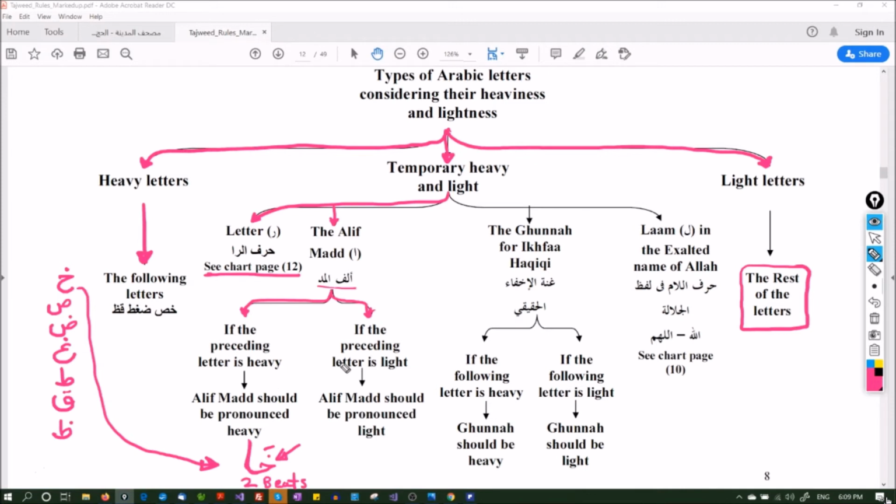The other branch here: if the preceding letter is light, so let us take a light letter. Let's say one of the light letters would be ta, and let's add a fatha. So this will be only one haraka, ta. And if I add an alif, this causes the ta fatha to get stretched because this is Alif Mad.